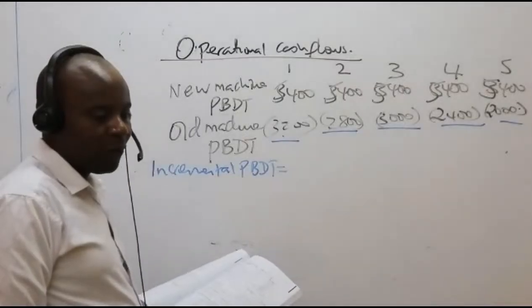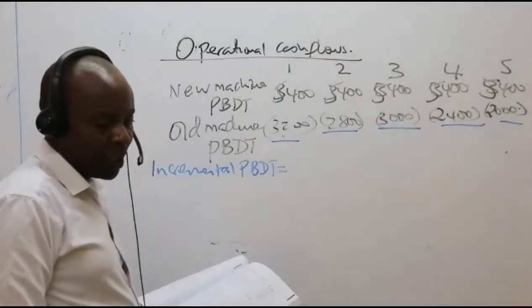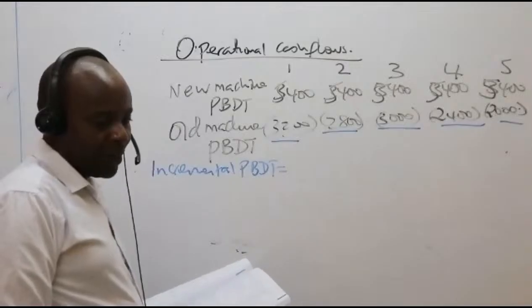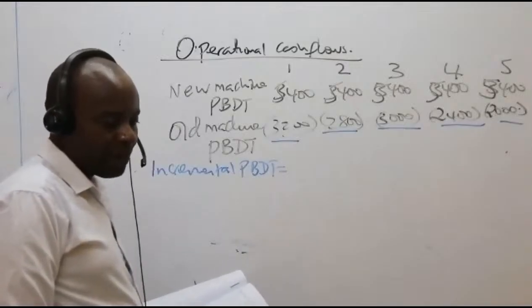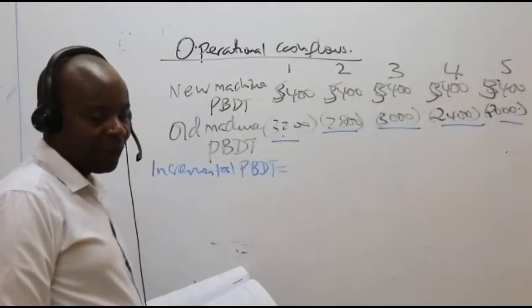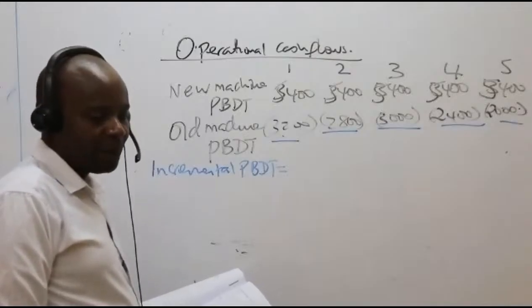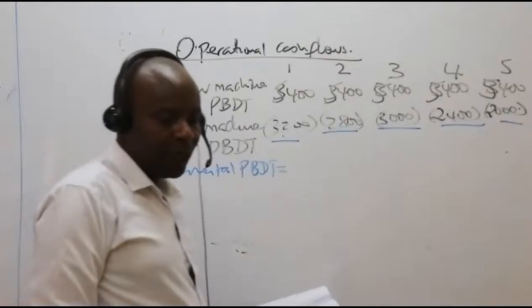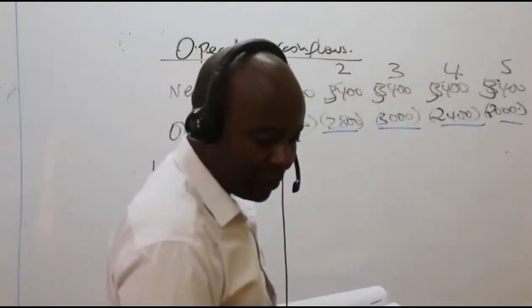The first one, 5,400 minus 3,200. Please give me the figures very fast. I'm not seeing anybody giving me any figure.